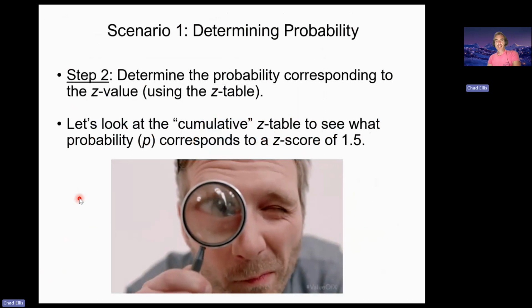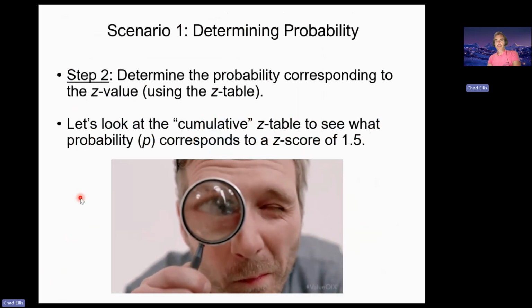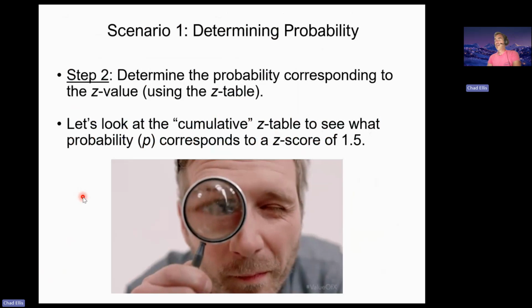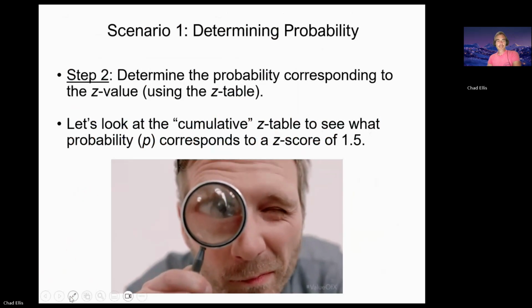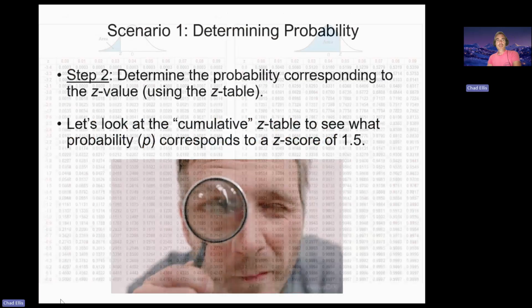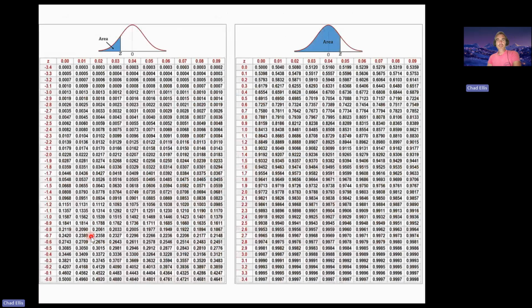Okay, so once we have calculated our z-score of 1.5, let's use the cumulative table to figure out what our probability is going to be. So let's go to the cumulative table right here. For a z-score of 1.50, that gives us a cumulative area underneath the curve of 0.9332.